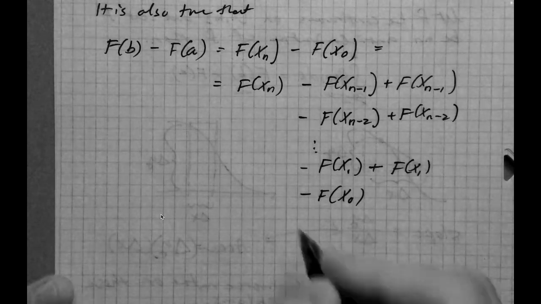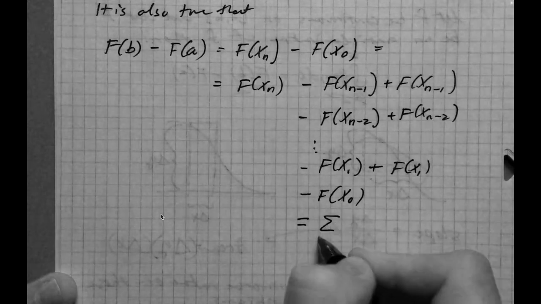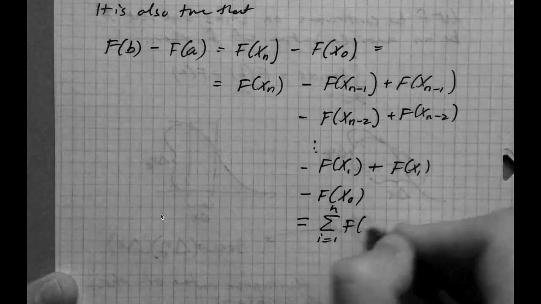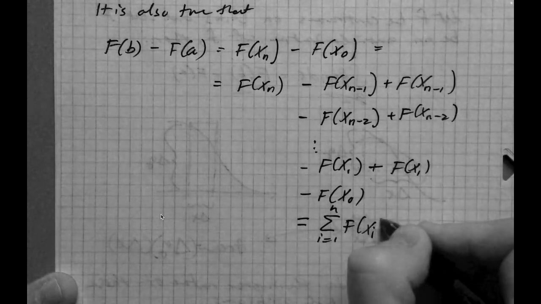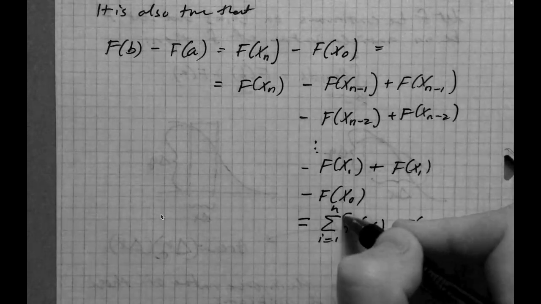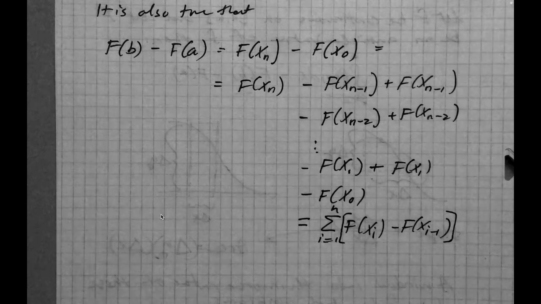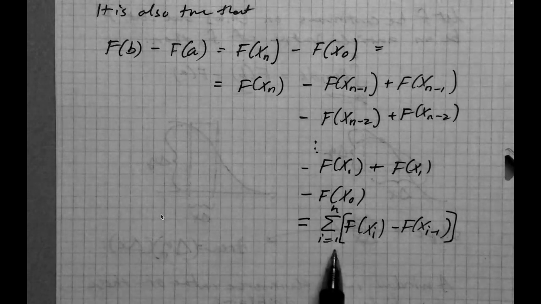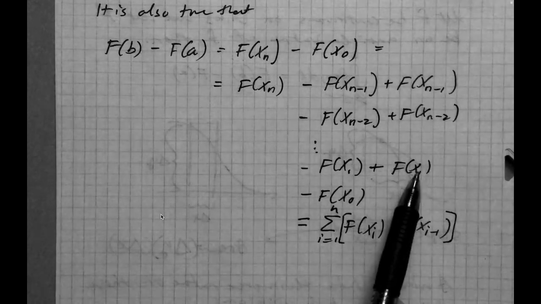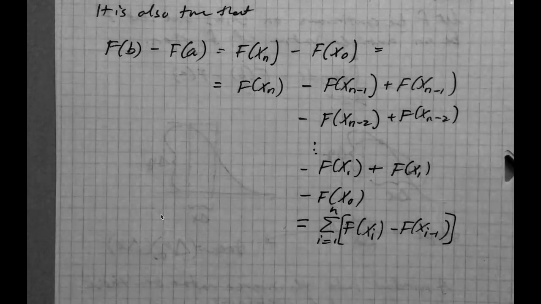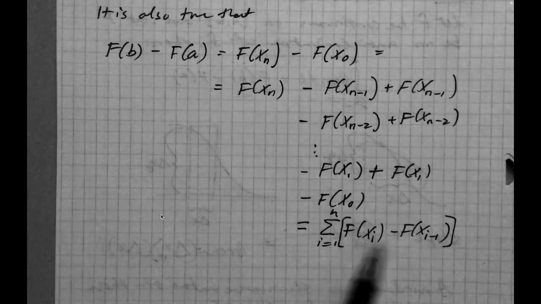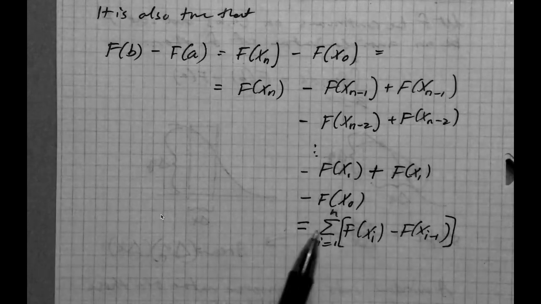Okay, and so this could all be written as the sum from i equals 1 up to n of F of x i minus F of x i minus 1. That captures everything, right? If i is equal to 1, this is F of x1 minus F of x0. So it's this guy minus this guy. Remember this is a plus here. And then if i is equal to 2, this is F of x2 minus F of x1, and so it would be the next diagonal.